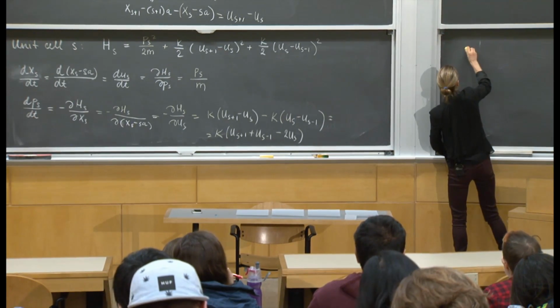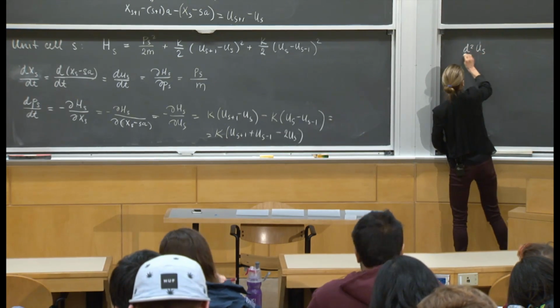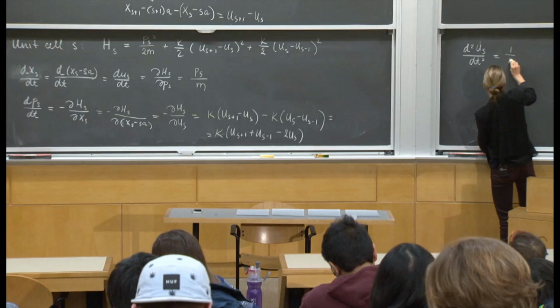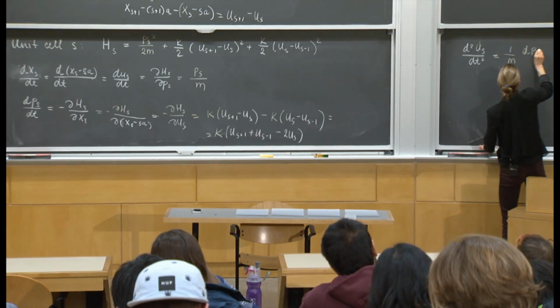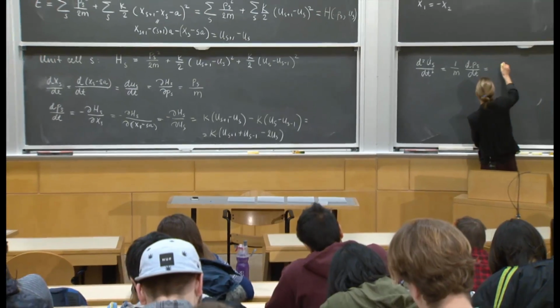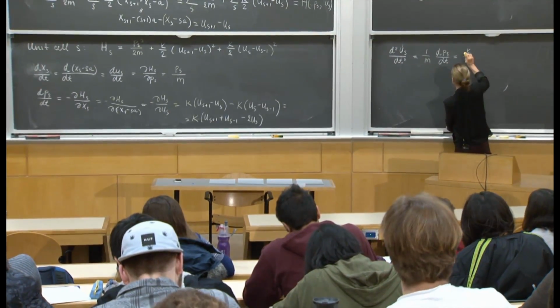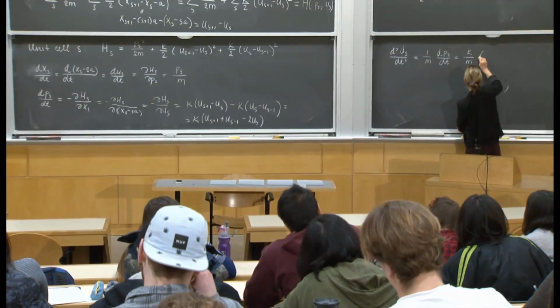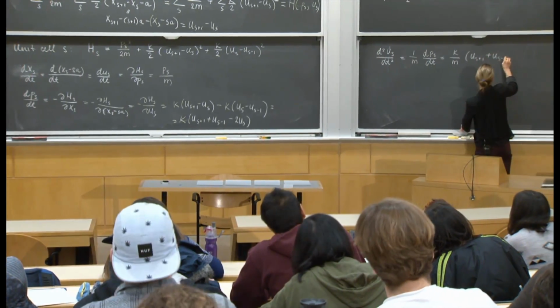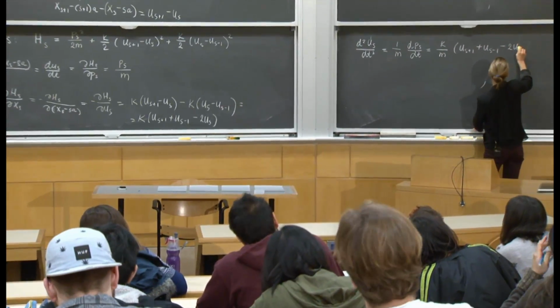So we get d squared us dt squared is equal to 1 over m dps dt, and that's going to be k over m times us plus 1 plus us minus 1 minus 2 us.